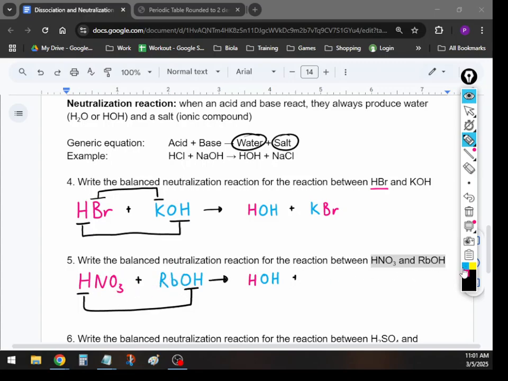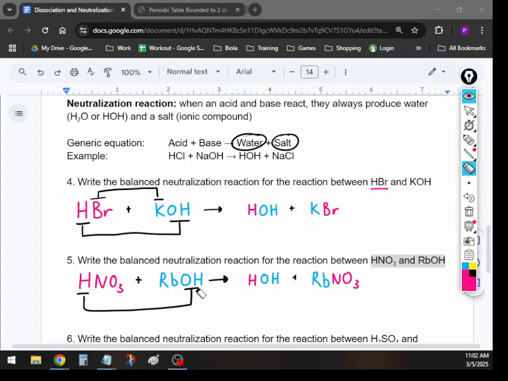And we're going to put the positive one first. The positive one is the one from the base, so we're going to put Rb. And then our negative one is going to come from our acid, so NO3. So this is what you should get. Okay, so that's the neutralization reaction for that. Any questions?